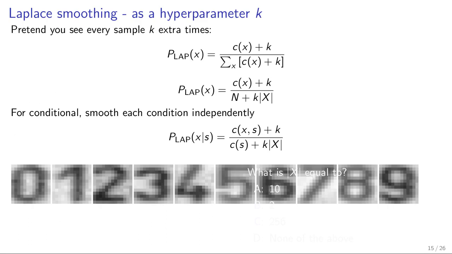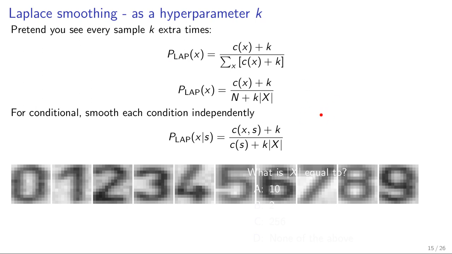Now, the more general thing is that you may not want to add 1. You can also add k, right? Because if you add 1, it's good that you don't have zeros, but you may still have very tiny probabilities if your data is big, and there are also some arithmetic issues, as you're multiplying a lot of very small things. So you may want to add more.